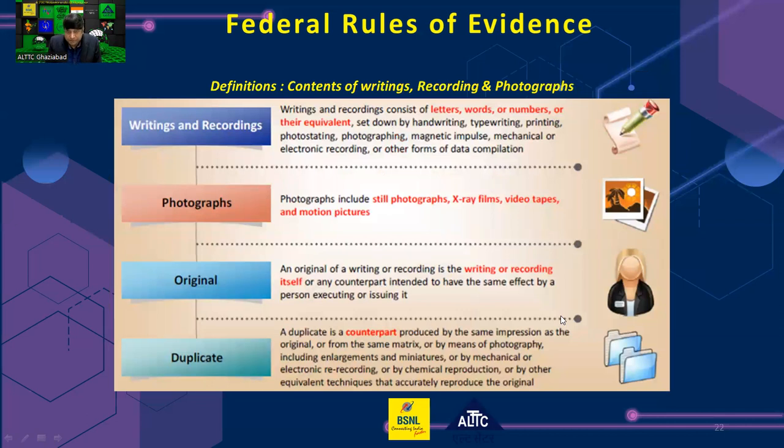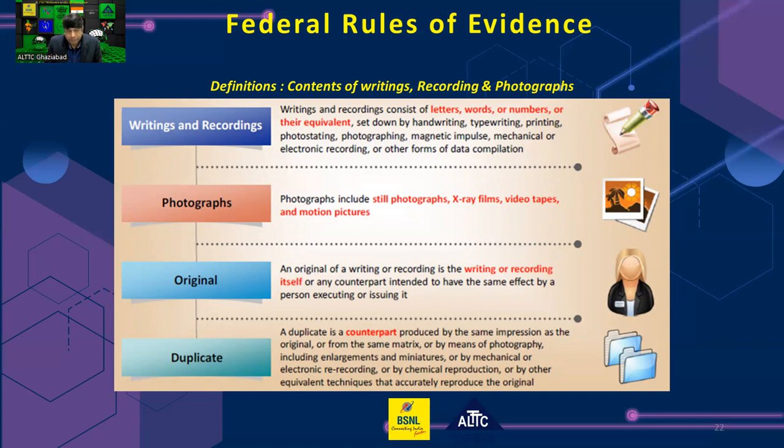Now, some definitions defined in the federal rules: contents of writings, recordings, and photographs. Writings and recordings consist of letters, words, or numbers, or their equivalent, set down by handwriting, typewriting, printing, photostating, photographing, magnetic impulse, mechanical or electronic recording, or other form of data compilation.